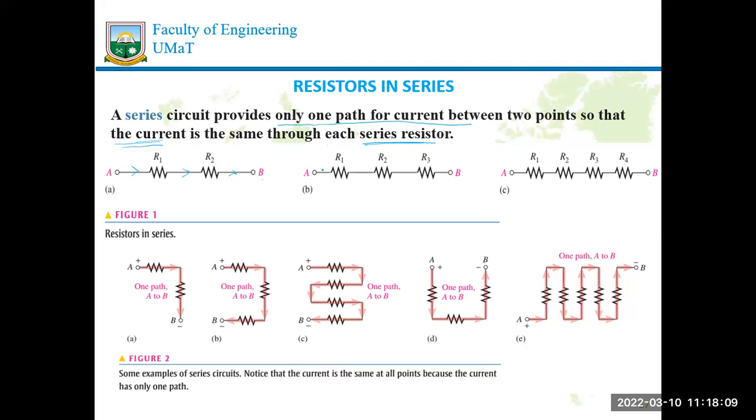The same applies if the current flows from A through R1, R2, and R3. The reason is that you don't have any branch for the current to divert. So the same current will flow through R1, R2, R3, and R4.